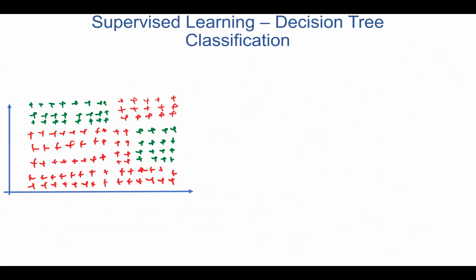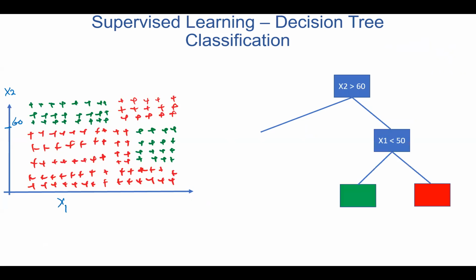Something like this. Now, let's take the same example and say, if x2 is greater than 60, what happens? Let's say x2 is the vertical axis, with x1 and x2 as the two attributes. And suppose that this is the value 60. If x2 is greater than 60, then what happens? We have performed one split.